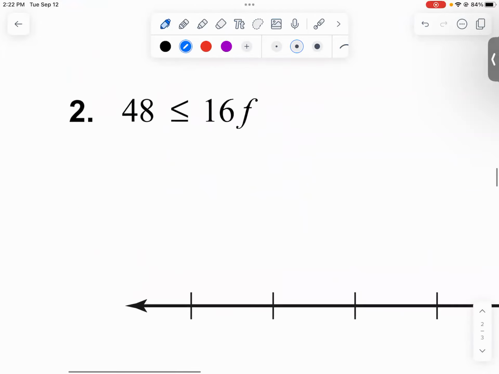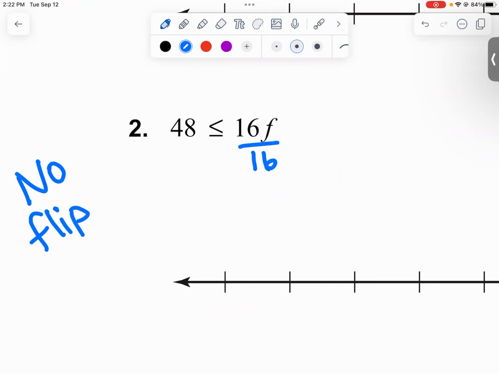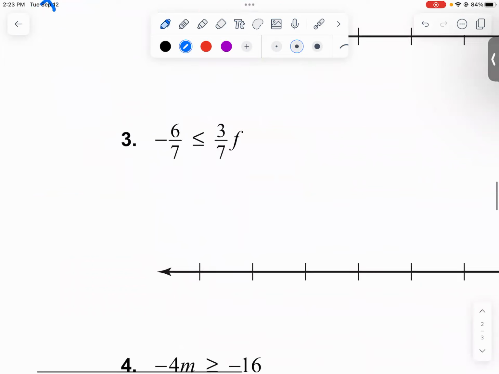Okay, number 2. And flip or no flip? No flip. We have to divide both sides by a positive 16. F is greater than or equal to? Thank you, Kyron. Okay.